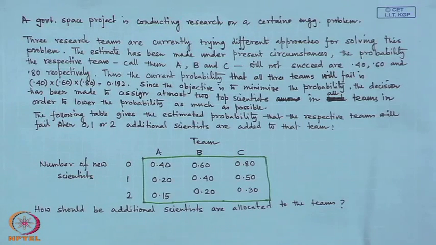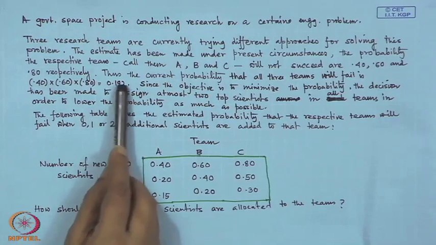That means at the current state, if the organization wanted to involve these same 3 teams in the project, then the probability of failure is the multiplication of the 3 failures together, and it is coming to 0.192.